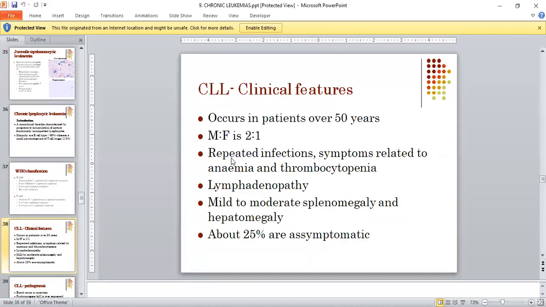So anyway, in general, all these usually have kind of similar features clinically. So they occur in patients over 50 years as the first thing. Prefer males to females in a ratio of 2:1.